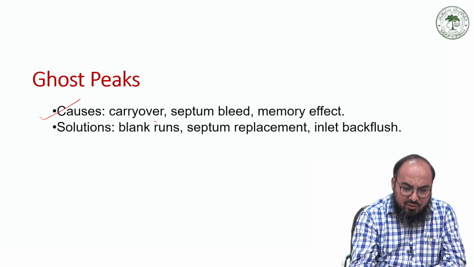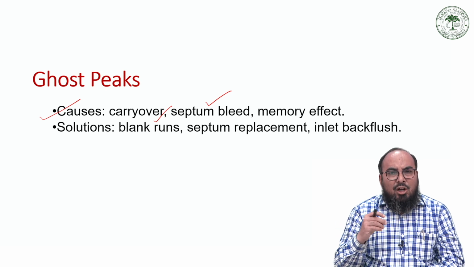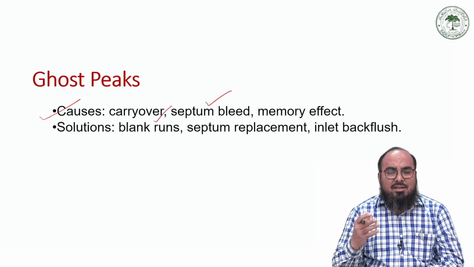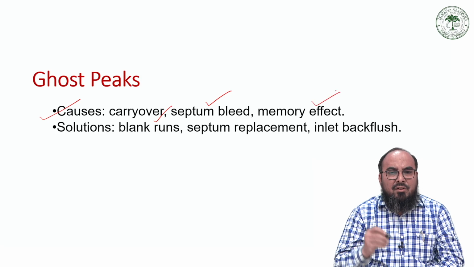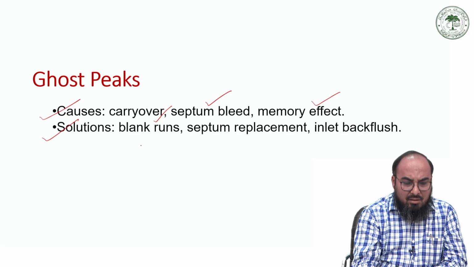There are chances of septum bleed. Sometimes the septum also comes along with the carrier gas, and that causes the creation of new peaks, which are also called ghost peaks. Similarly, memory effect, that is, previous components are also coming. So how are you going to avoid those ghost peaks? By using blank runs.